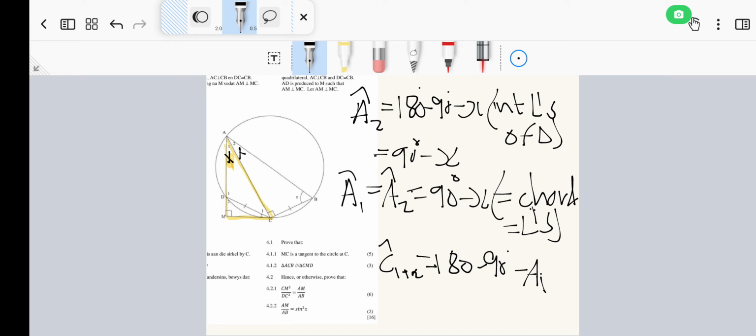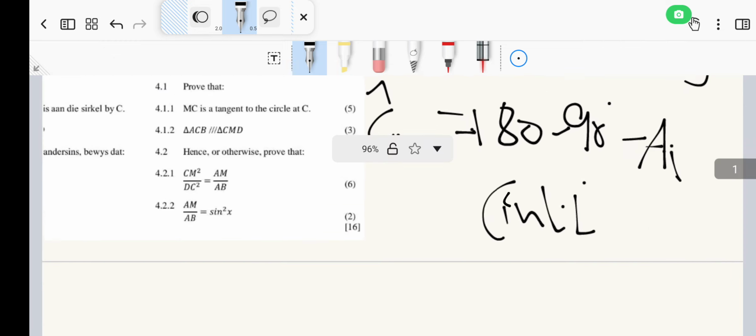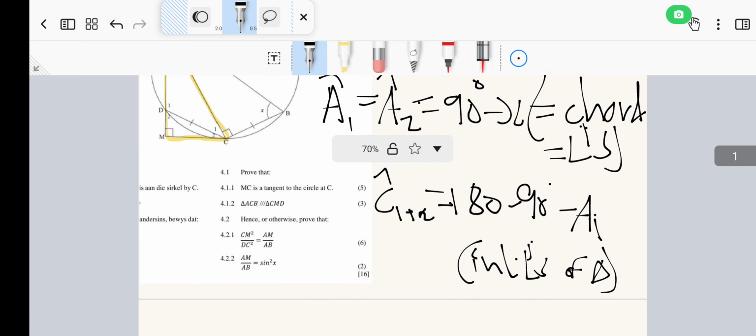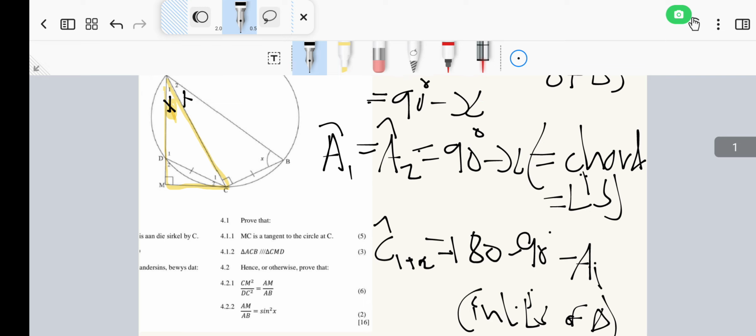And our reason again, interior angles of your triangle. Okay, let's zoom out again. So C1 and C2 is M, which is 90, and A1, we take those two away from 180, and that will give you C1 and C2.